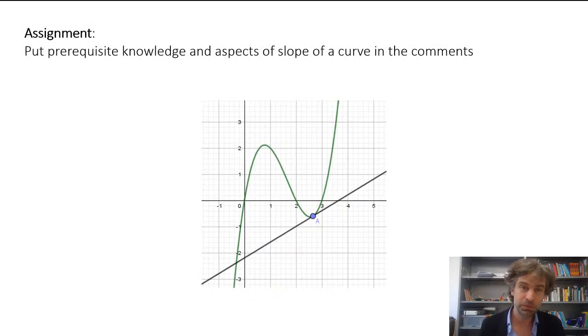Well, it's always important to think first, like, where do students come from? And for this task, we have to decide what is the prerequisite knowledge. And I want to ask you to first say, okay, what do you think students need to know about slope before you can start teaching them about slope of a curve?